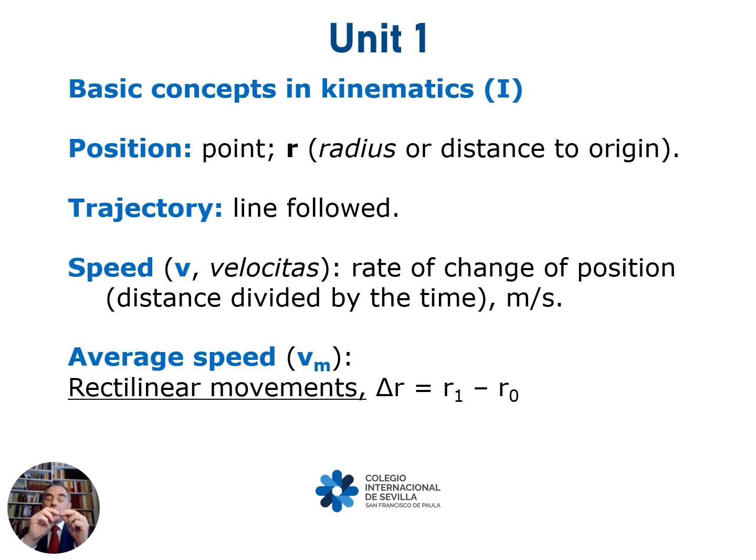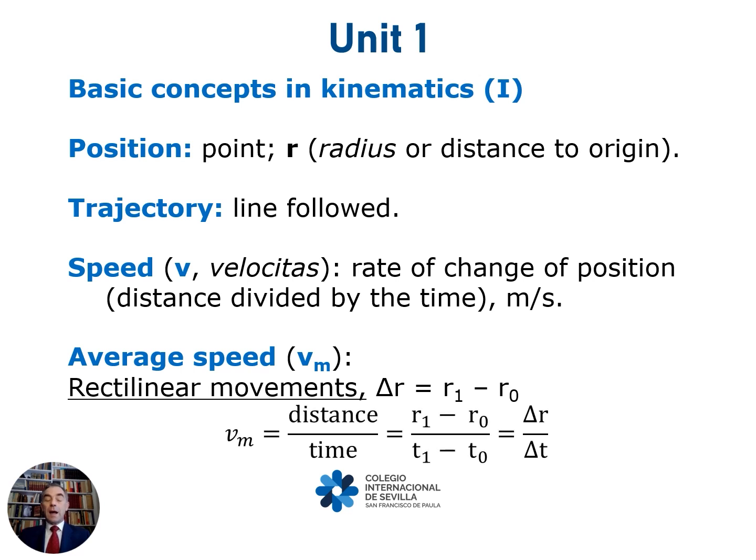So in rectilinear movements, when there is no change in the sense, we can say that the average speed is the distance divided by time. So it's the final position minus the initial position divided by the time it takes to go from one point to the other. So it's delta r divided by delta t.